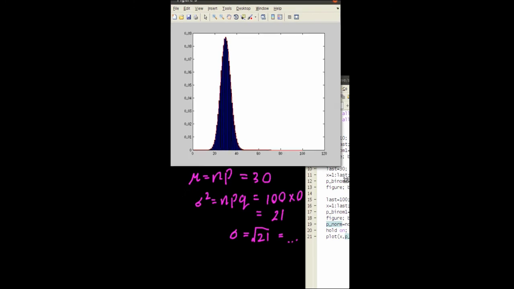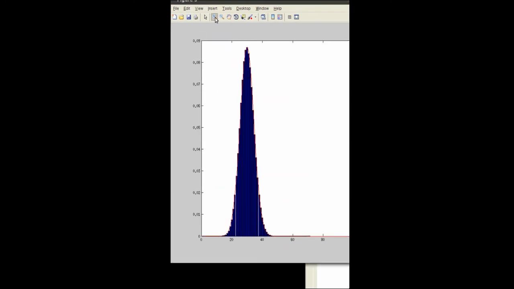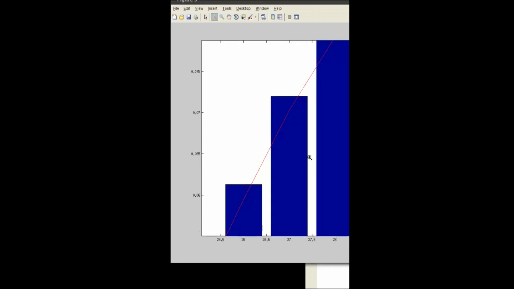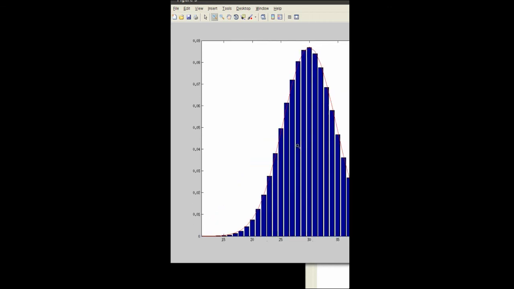The red line is the normal distribution. Okay, so if you look into it, it's pretty close, right? In fact, it's going almost on top of it, except some of the blue stuff is cutting it. But there you go. That's the approximate normal distribution.